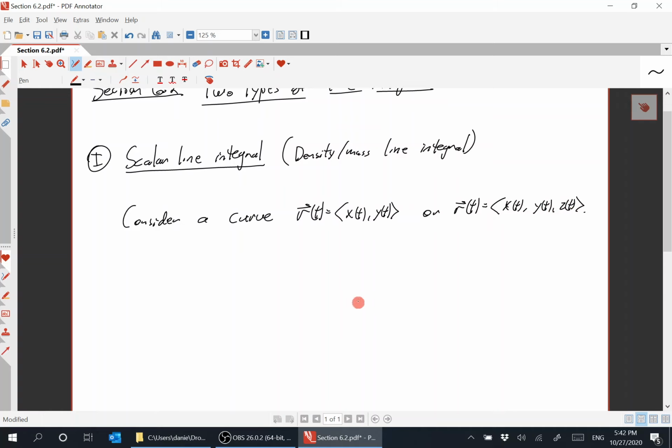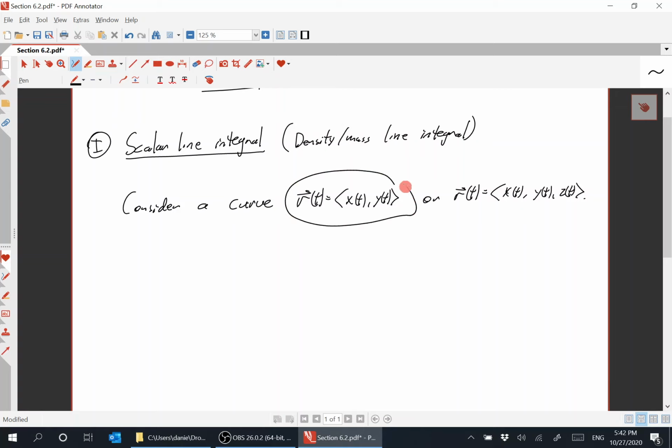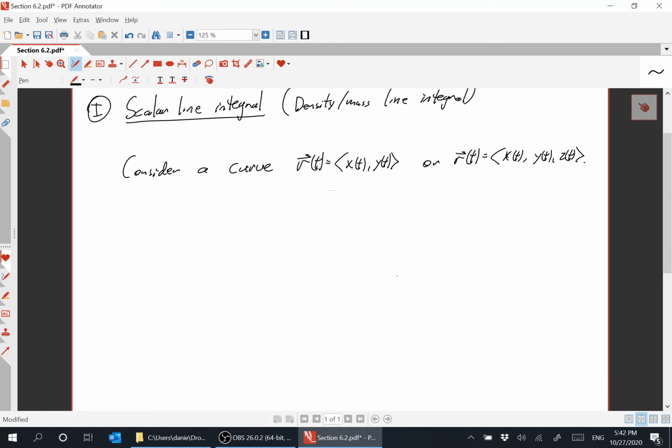Okay, I'm going to really explain it in 2D, and then just at the end we'll say what all that means in 3D. So you've got a curve. We'll explain for 2 dimensions.